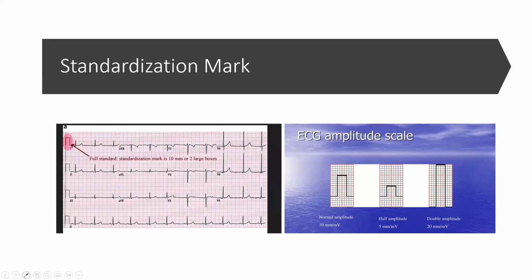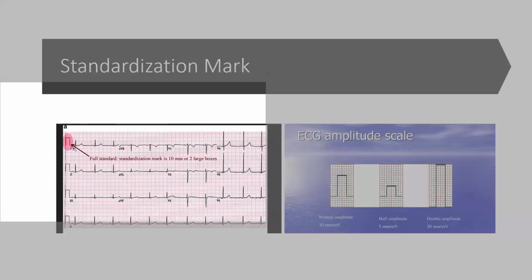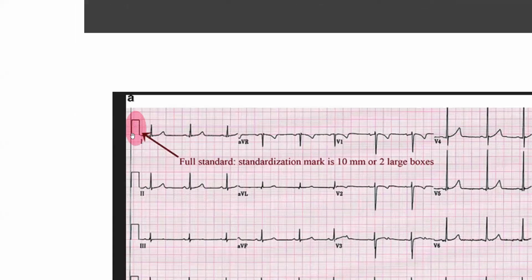A normal standard consists of 10 small boxes. So if I were to enlarge and zoom in, you could actually count that this particular mark encompasses 10 small boxes going up. So what is the significance of this? The significance of this is that you're looking at the electrical activity of the heart as is.